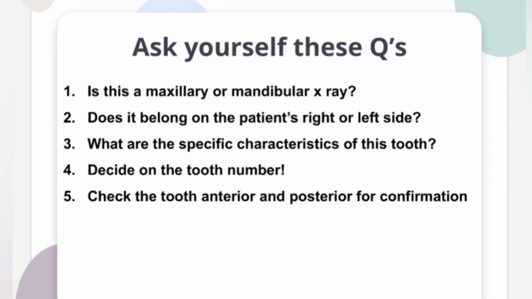Once you decide on that, you have to pick a tooth number, because the beauty in tooth identification is that once you decide on a tooth number, you will cross-reference the tooth that is in front or anterior to it, and you will reference the tooth that is posterior or right behind it. For example, if you think that the answer is tooth number 3, in front or mesial to tooth number 3 should be tooth number 4.